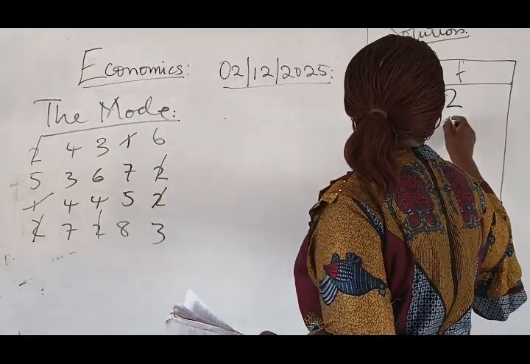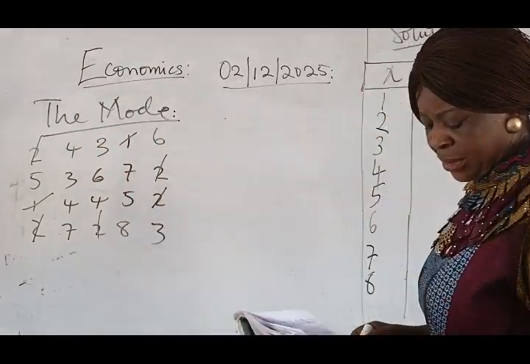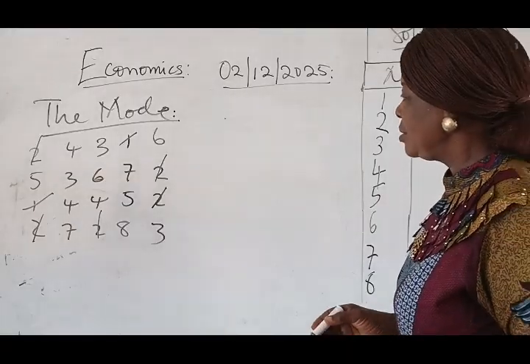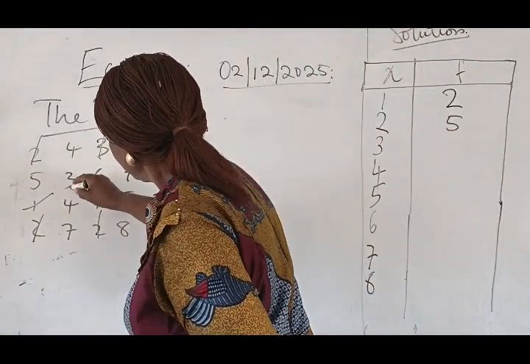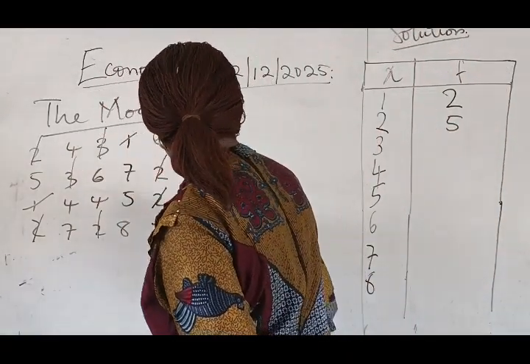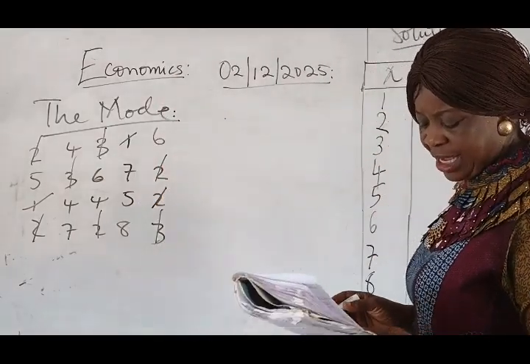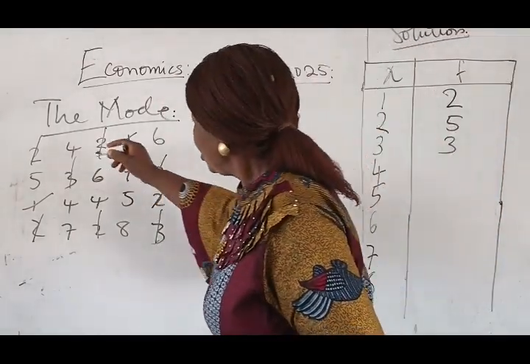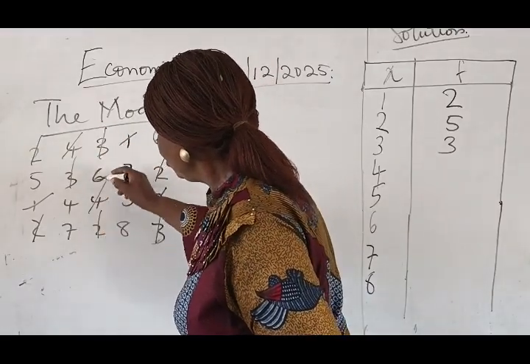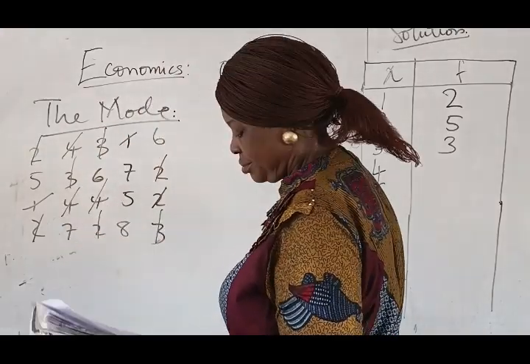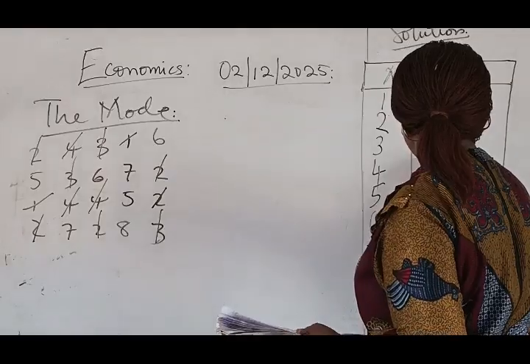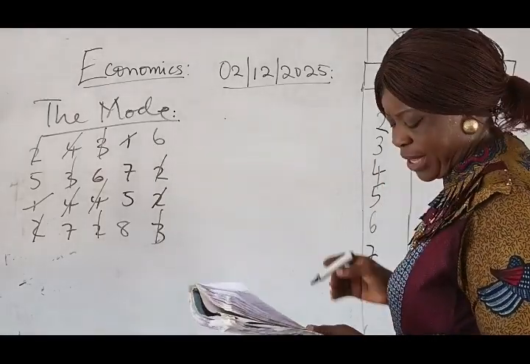So 2 appears 5 times. 3 appears how many times? 1, 2, 3. 3 appears 3 times. 4 appears how many times? We have 1, 2, 3. So 4 appears 3 times. 5 appears how many times?